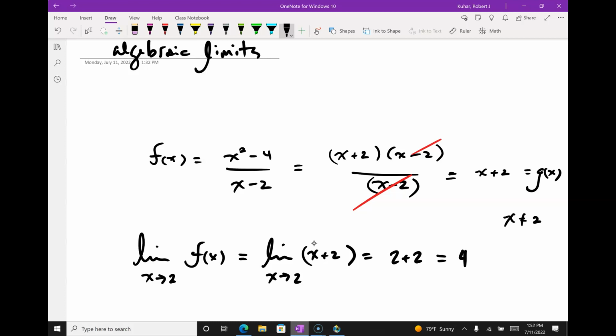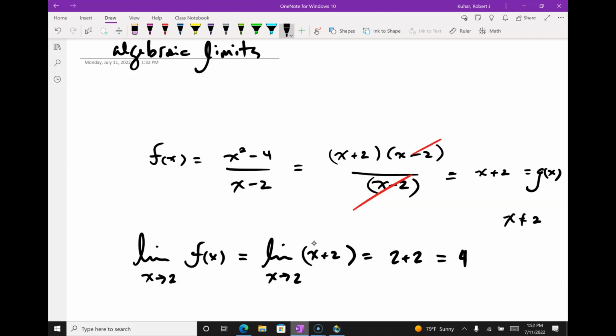When I can plug in, plug in. When I'm allowed to plug in, just plug in. That's the simplest thing. Remember, we're trying to find the height of a function. How do you find it? We put the value inside and tell me the height. So what's the difference? F of x and g of x are identical, provided that x is not 2.